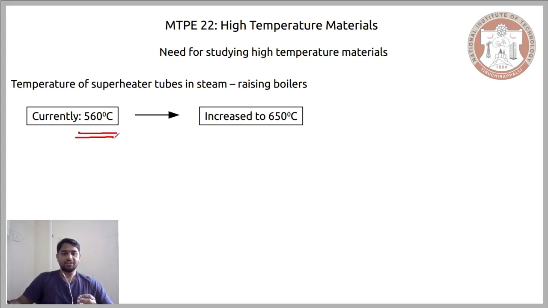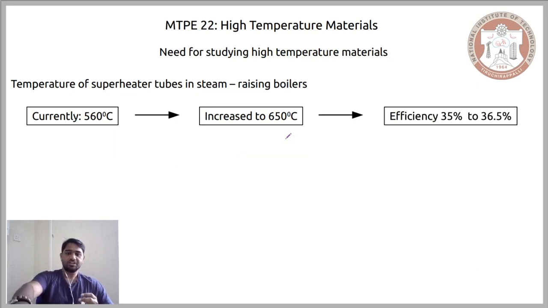Now, if we increase this operational temperature with an appropriate material, it is projected that the efficiency would go from 35% to 36.5%. That is, when we increase the operational temperature of the superheater tubes from 560 to 650 degrees Celsius, a 90 degree increase, the efficiency would increase by 1.5%.